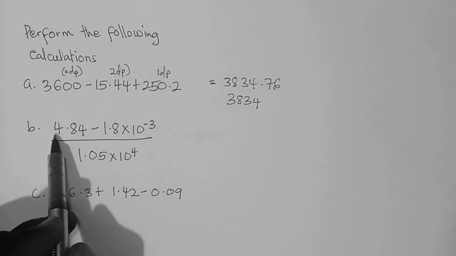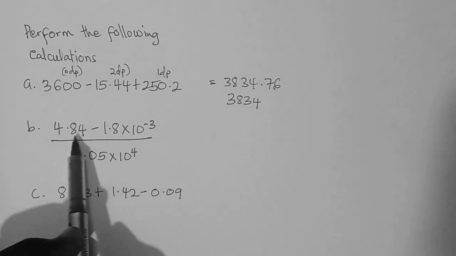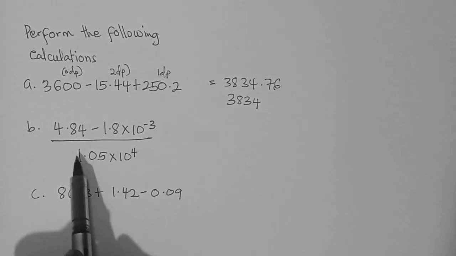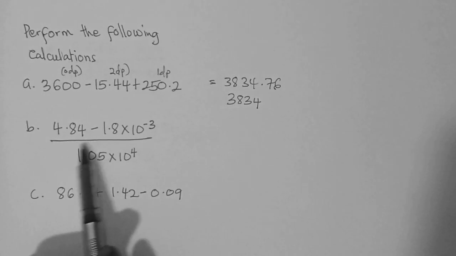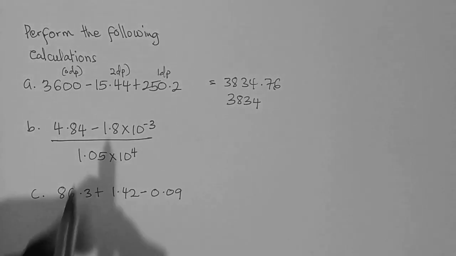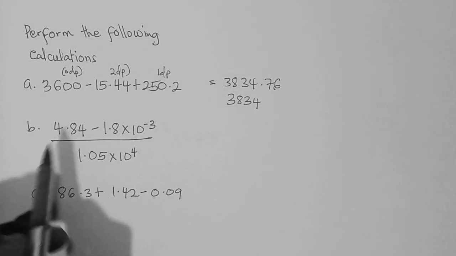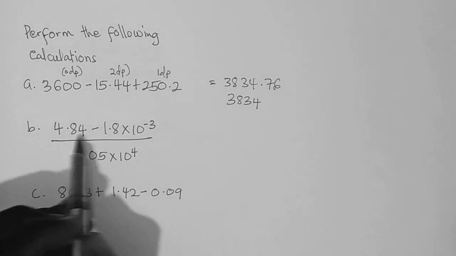And then with this one, all we need to do is first do the subtraction on top, and after we do the subtraction, we do the division. Since it is addition and subtraction, what is important is decimal places.